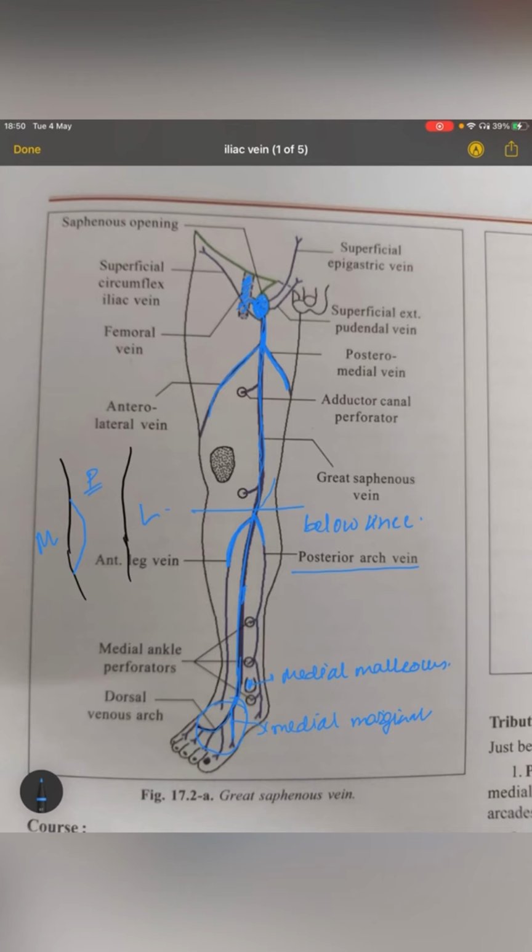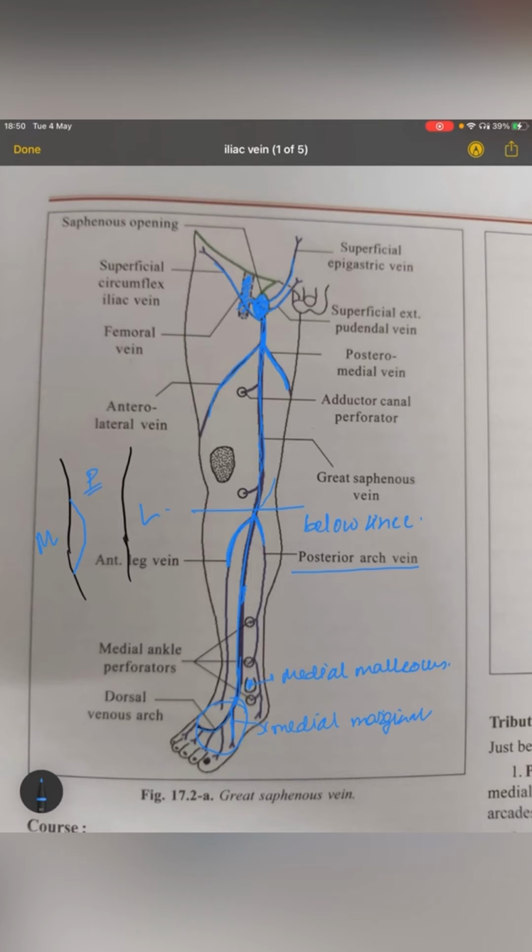What are those? The superficial circumflex iliac vein, superficial epigastric vein and superficial external pudendal vein. These three tributaries accompany the three superficial branches of our femoral artery: the superficial circumflex iliac artery, superficial epigastric artery and superficial external pudendal artery.